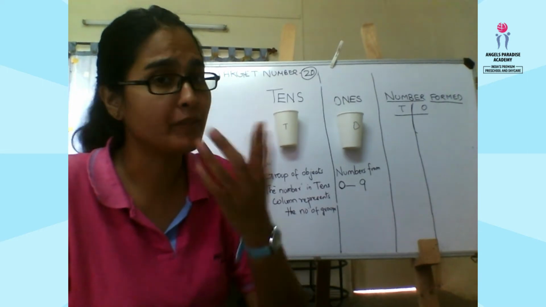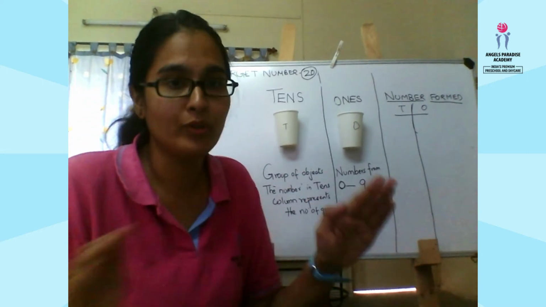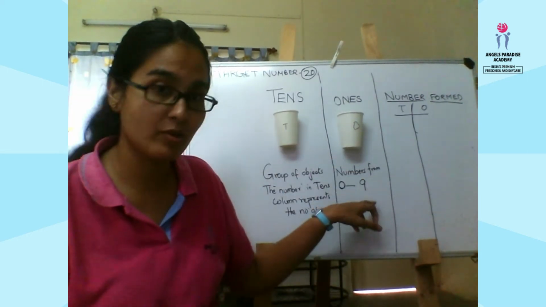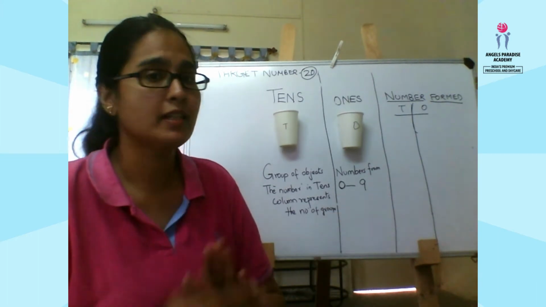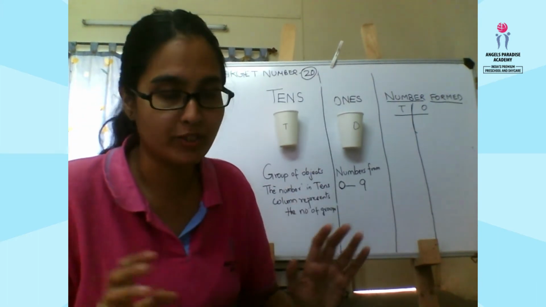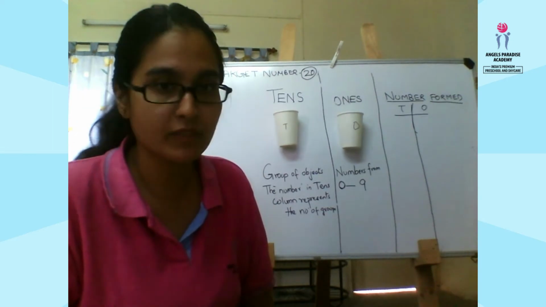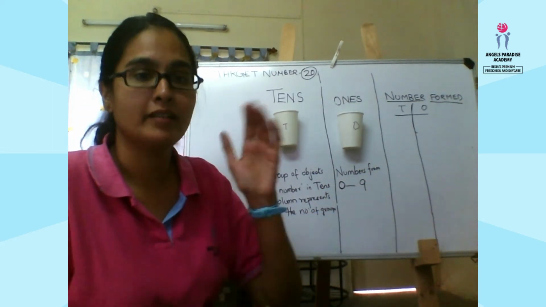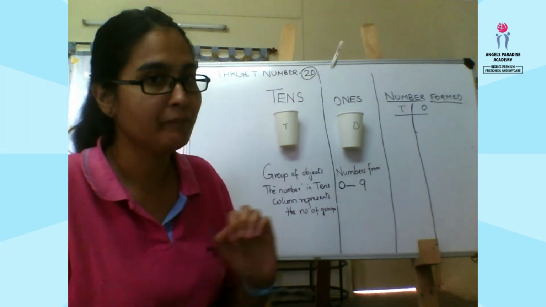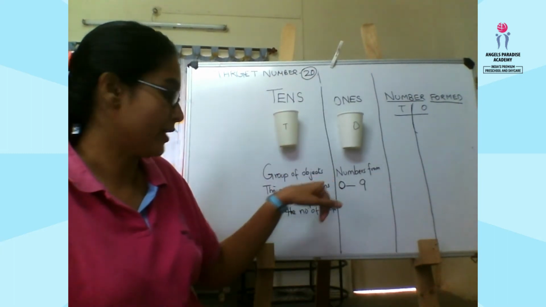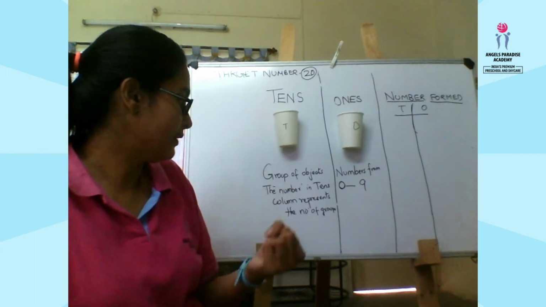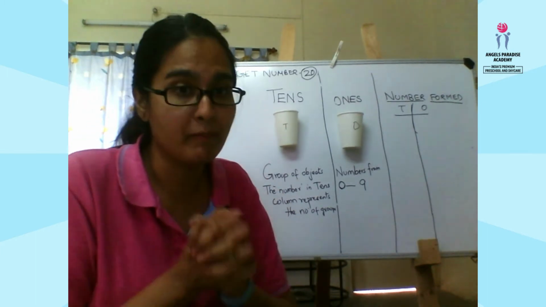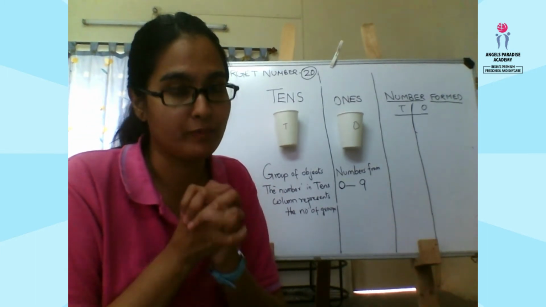What do you mean by 0? It means that there is nothing. When you write 0 in the ones column, it means there is no object in the ones column. So numbers from 0 to 9 represent the ones column, and the number in the tens column represents the number of groups of 10 objects.